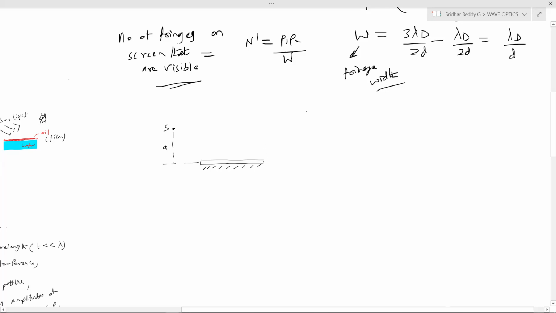Then I'll keep a screen here. Then I'm going to measure the fringe width. Let lambda 1 be the wavelength of the source. So there's a source S1. Then the corresponding S1 dash will be formed, and we know the interference pattern. Let me redraw this.